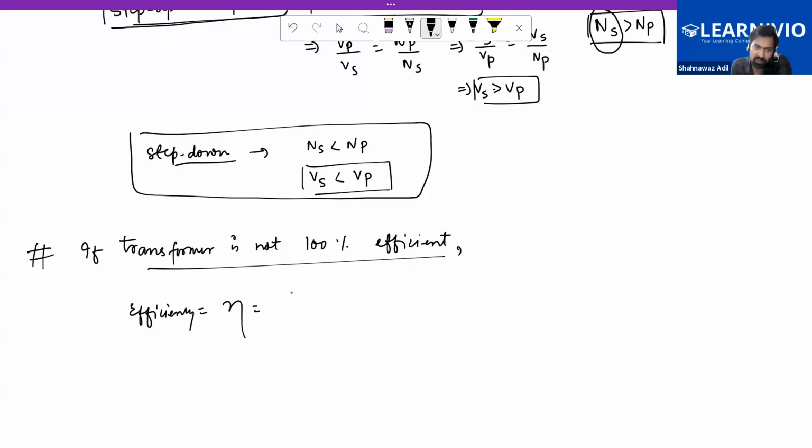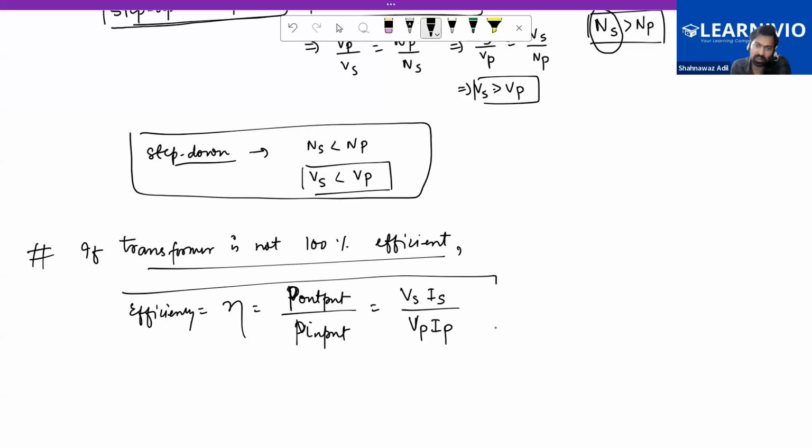It is power output divided by power input. So this is Vs Is divided by Vp Ip. So these are all about the transformers.